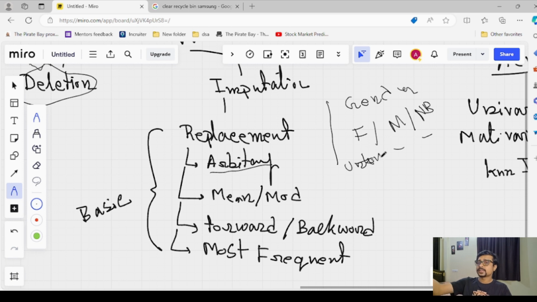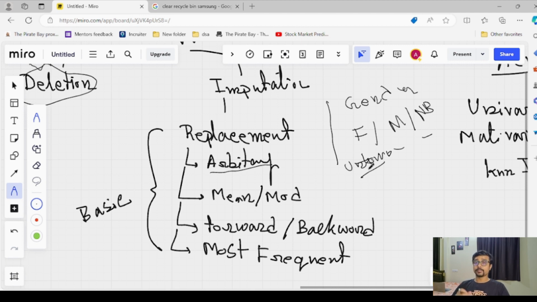So when I forecast something, if something happens for unknown, I know that this data comes from the unknown gender group, and using this I can tell that these are the users who don't want to disclose their gender. So this is called arbitrary replacement. That means I can replace it with any data.